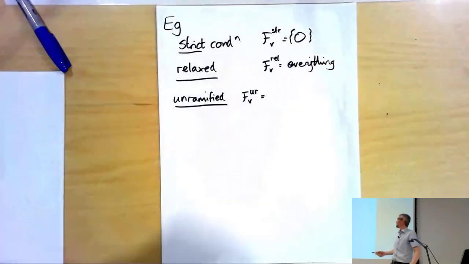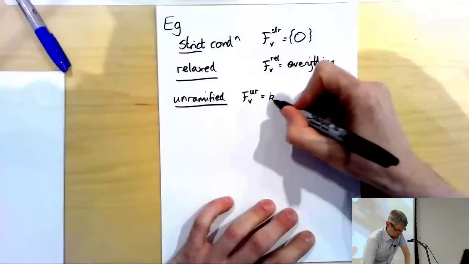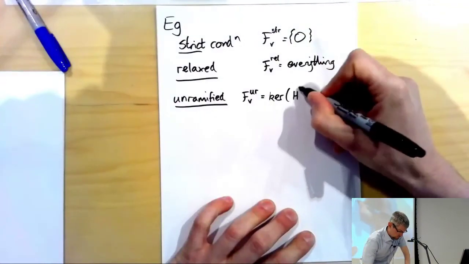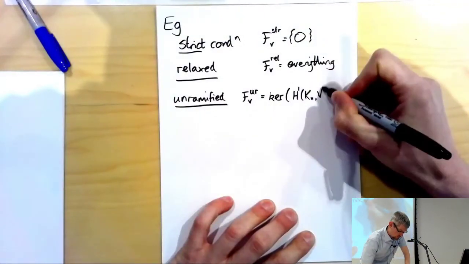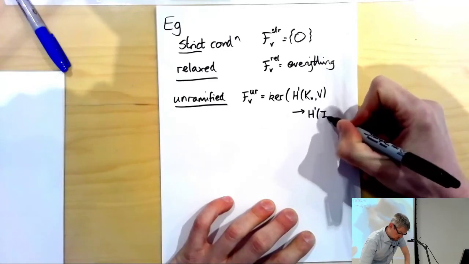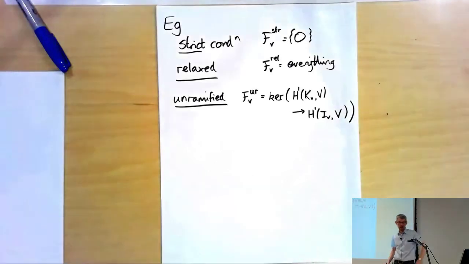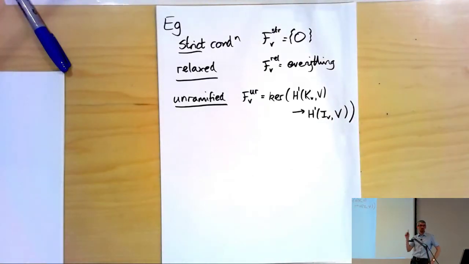And these are going to be the cohomology classes that become trivial when you restrict them to inertia. And this is somehow the Rolls-Royce of local conditions, the best local condition for a prime that doesn't divide p.